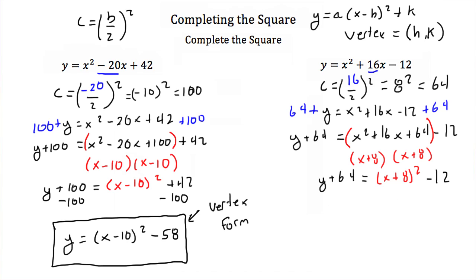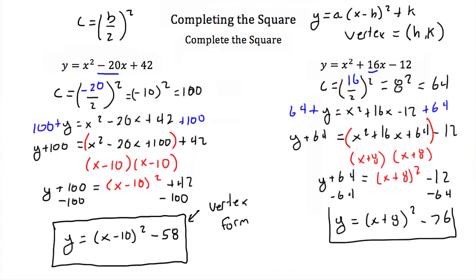So to simplify this, we'll subtract 64 from both sides, and we get y is equal to (x plus 8) squared minus 76. And this is our factored form of this equation. And again, notice it's in vertex form.